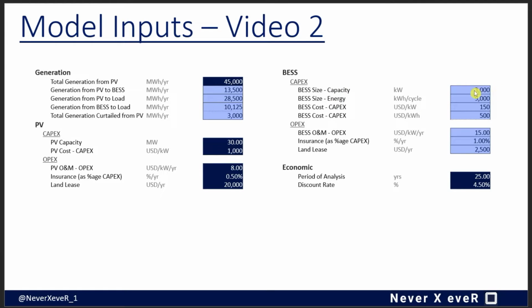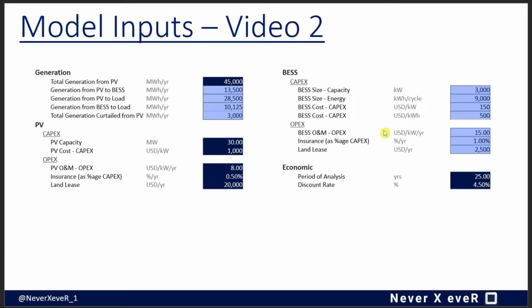So this is how much we're going to require in terms of capacity, and 9,000 kilowatt hours per cycle, how much we require as energy for each cycle. Then we have the capex for the capacity, and the capex for the energy. So these are the numbers we have. Next, we have the opex.